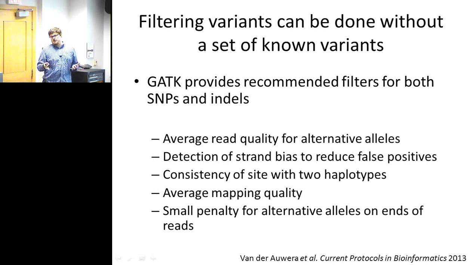So for many sequencing technologies, the ends of reads are slightly more error-prone than the beginnings of reads. So variants that are supported by an unusually high proportion of such end reads, for lack of a better term, there is a small penalty associated with that.